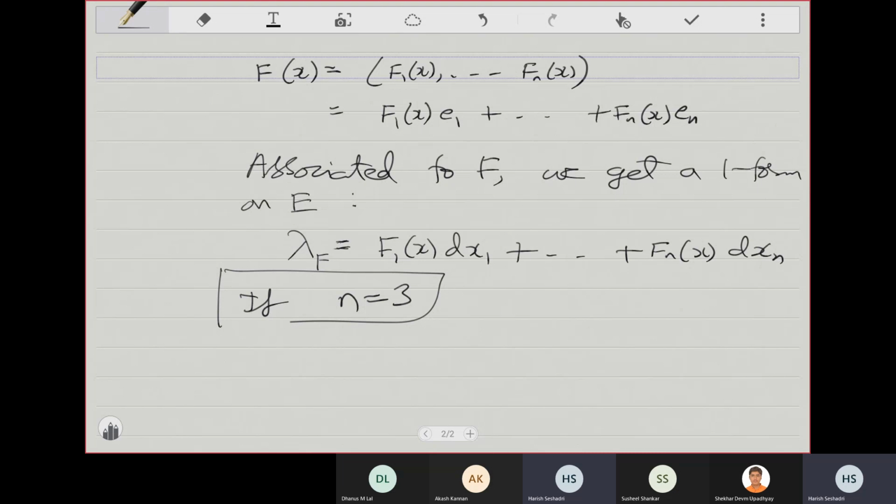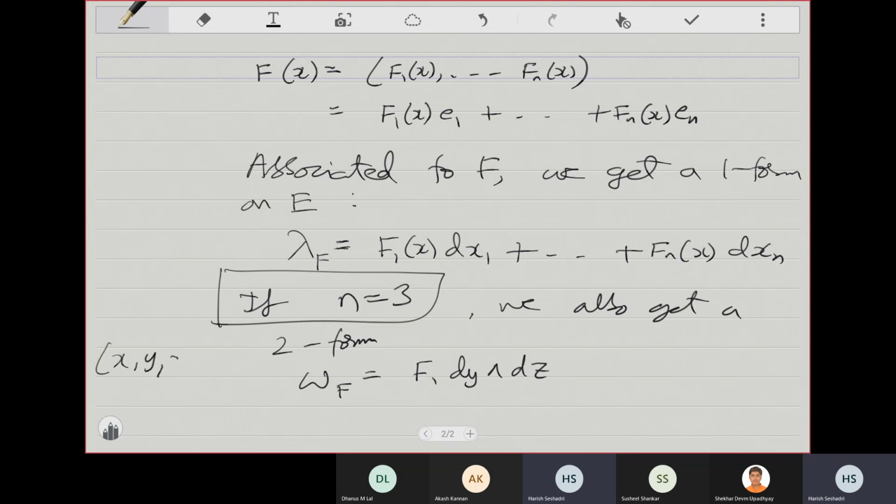If n equals 3, not only do you get a 1-form, but you also get a 2-form, which we denote by omega subscript F, equals f1 dy wedge dz plus f2 dz wedge dx plus f3 dx wedge dy. Here I'll use coordinates x, y, z rather than x1, x2, x3.